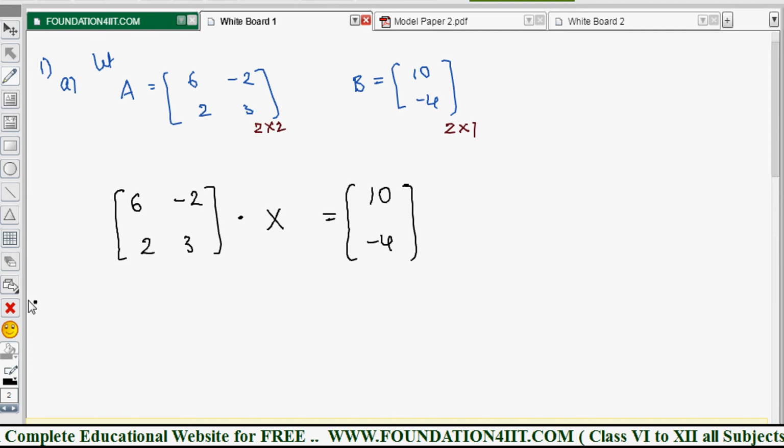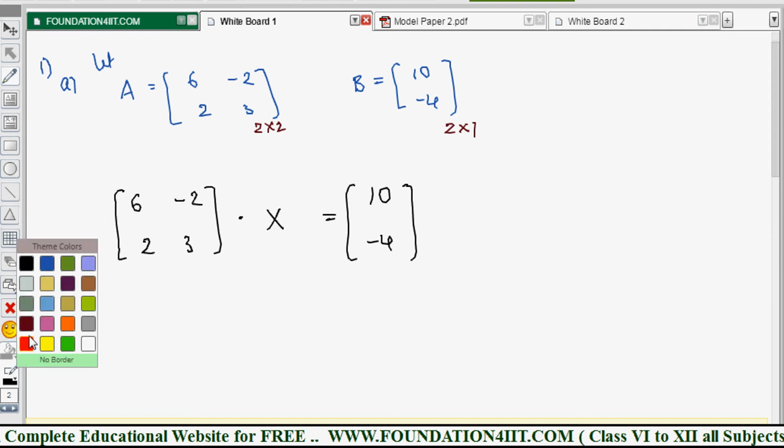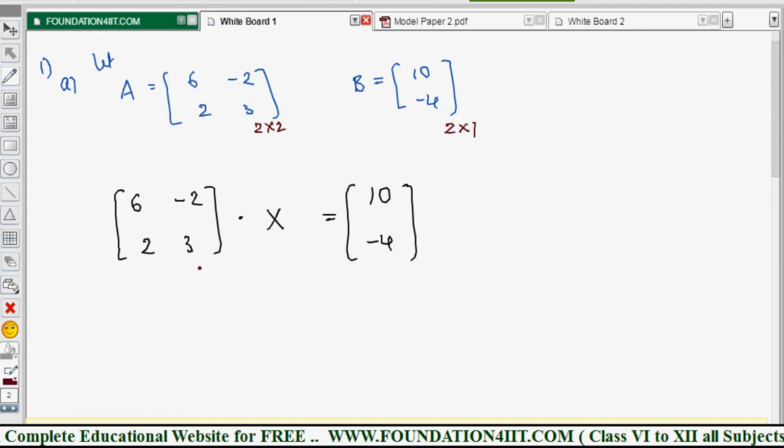Now just to see this order. This is 2 rows, 2 columns, 2 by 2, and the resultant matrix is 2 rows, 1 column. Now according to the condition, if you observe, the number of columns of the first matrix should be equal to the number of rows of the next matrix, that means it must be 2, because the middle should be same.